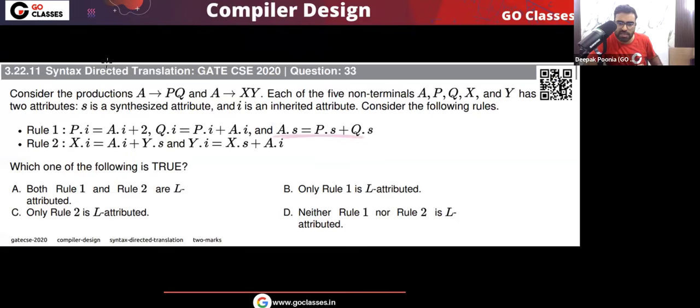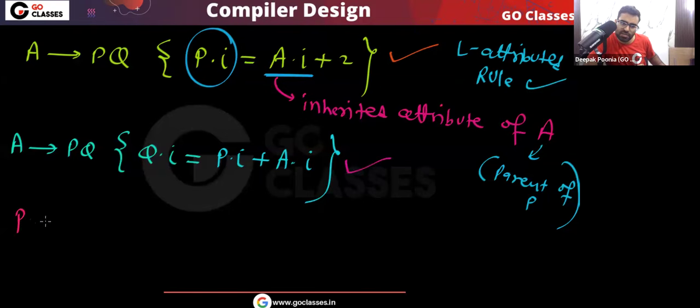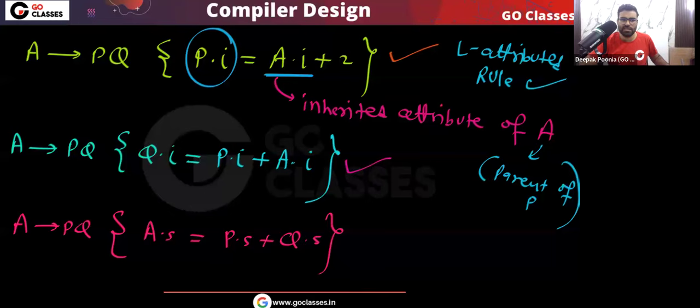Now let's see the next: A.s = P.s + Q.s. With this production, this is the semantic rule A.s = P.s + Q.s. Notice one thing here: the question already says that A.s is a synthesized attribute of A. But you can find it from this semantic rule also. Corresponding to this production, in this semantic rule we are defining an attribute of A, and A is on the LHS.